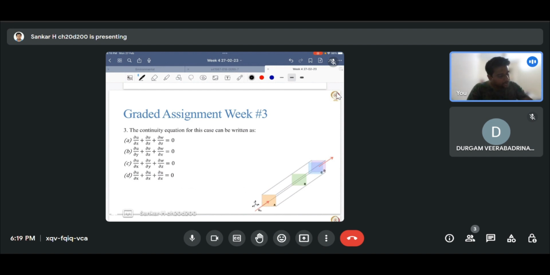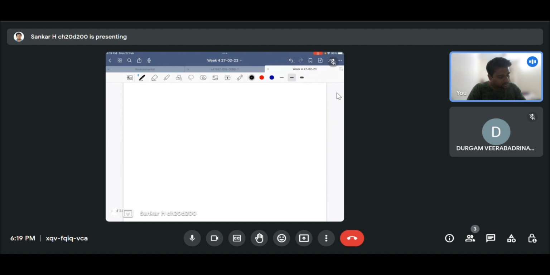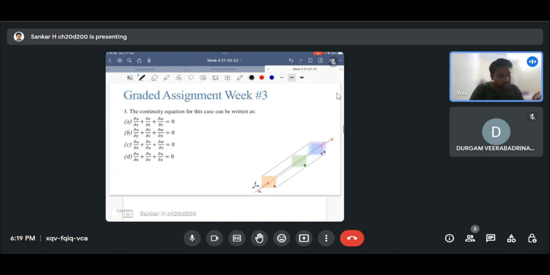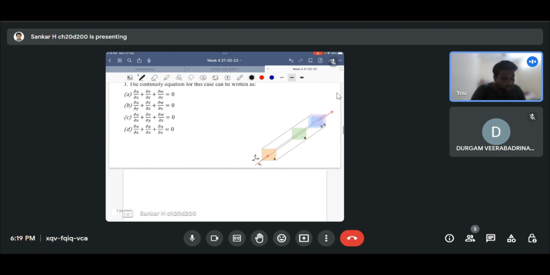So moving on to question number 3, we'll have to write the continuity equation for this particular case. The continuity equation in the vector form is written as del dot rho u is equal to 0.